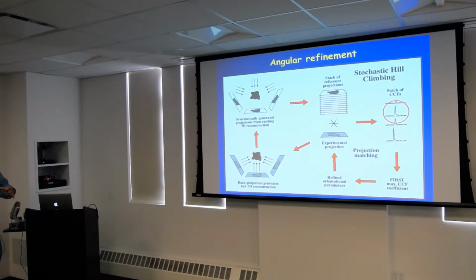You end up with a 2D map that shows similarity at each position. If you get to the right position, the peak should be the highest. If something looks exactly the same, you get a very high peak. If it looks totally different, no matter where it's positioned, you get very low peaks. So it's basically a similarity calculation, cross-correlation.